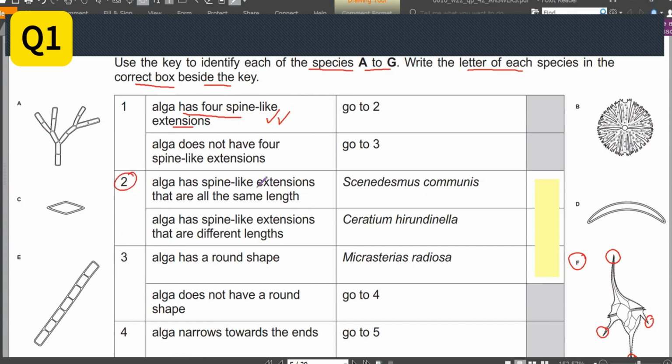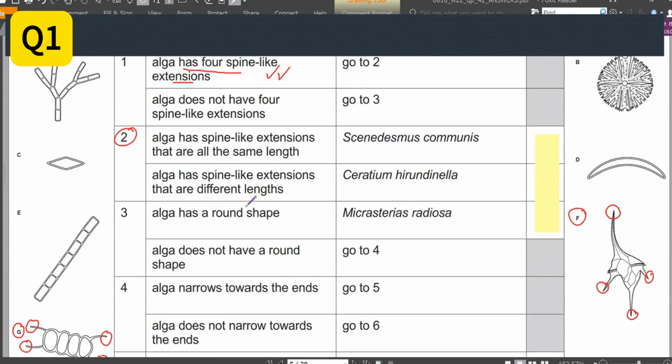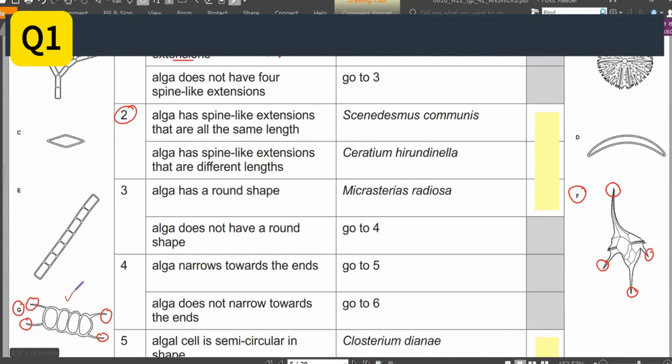Alga has spine-like extensions that are all the same length. We can straight away relate to this here. The spines have the same length. So we expect the answer will be G. Straightforward. First one, G. Next, alga has spine-like extensions that have different lengths. So, straightforward, this will be F, different lengths.